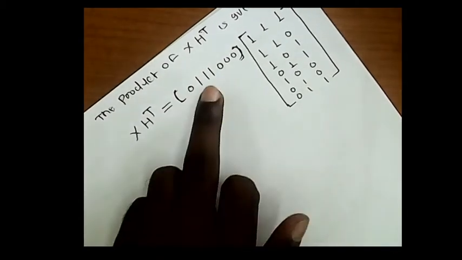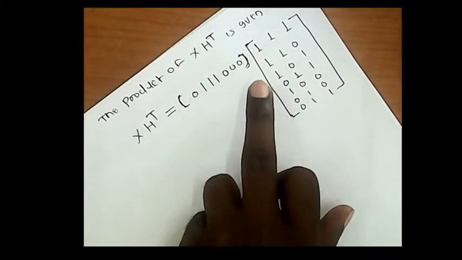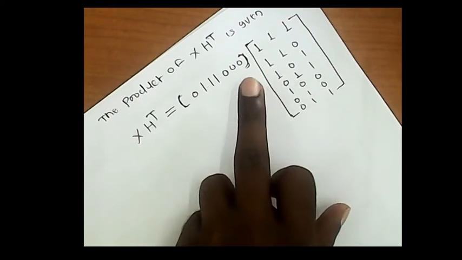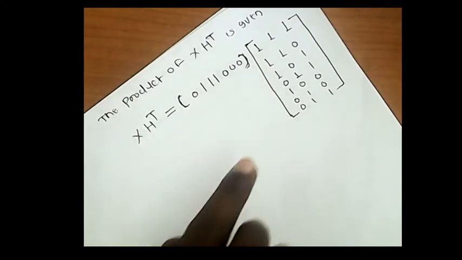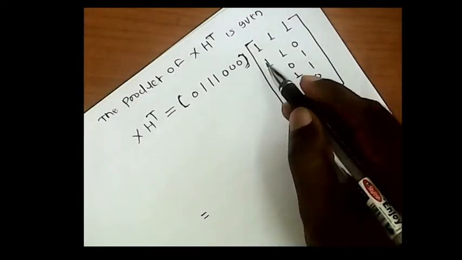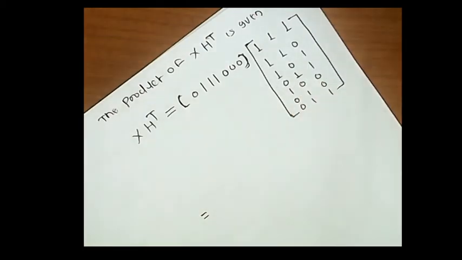Now we take the product of this code vector and this transpose matrix by row and column multiplication, and addition is performed by modulo 2 arithmetic.